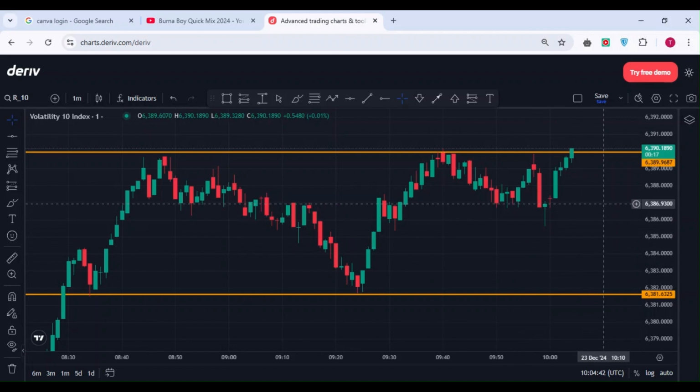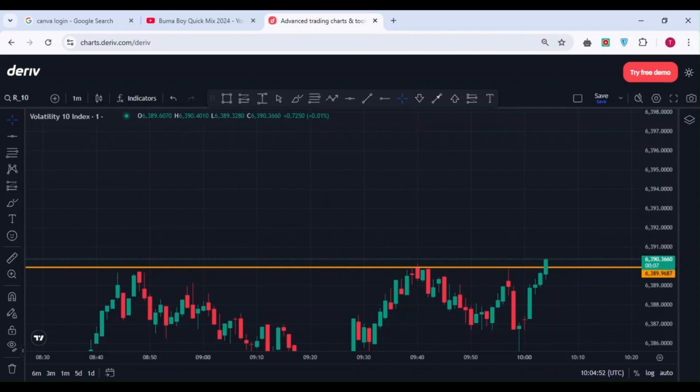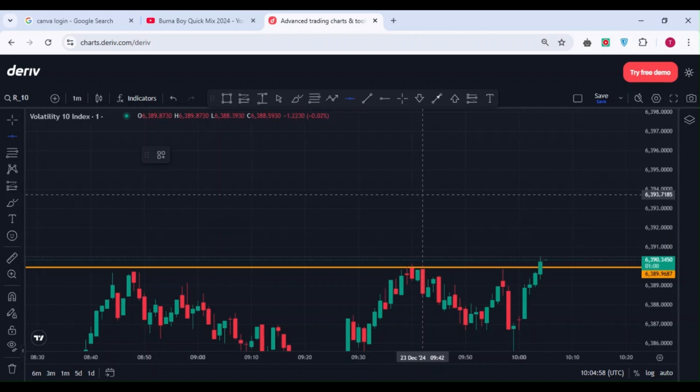Above the 63.88 we marked, this is a potential target. And when we break this point here, we will be targeting this area here, around 64.00.